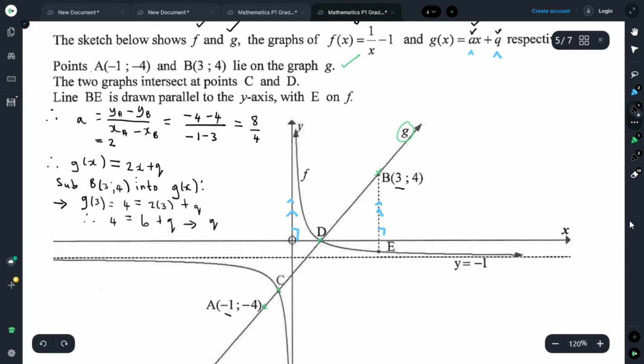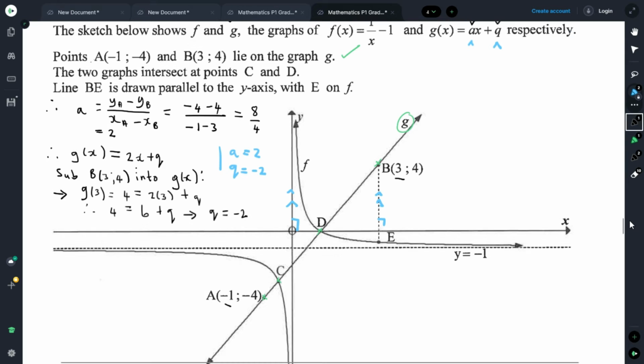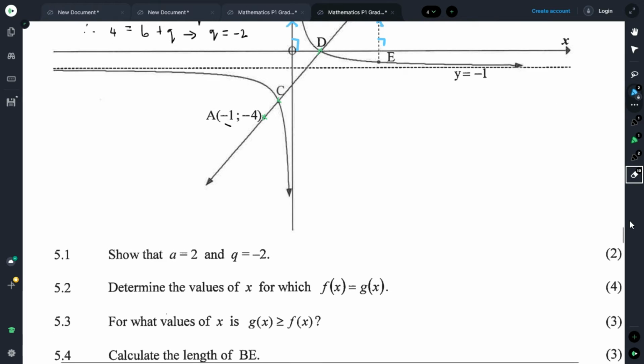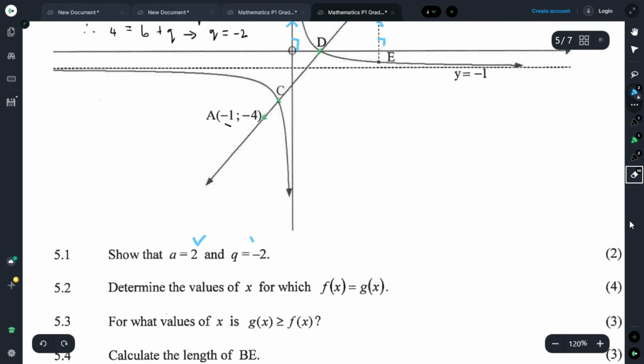So this implies that q should be equals to negative 2. So therefore a should be positive 2 and q should be negative 2, and that is exactly what we have in 5.1.